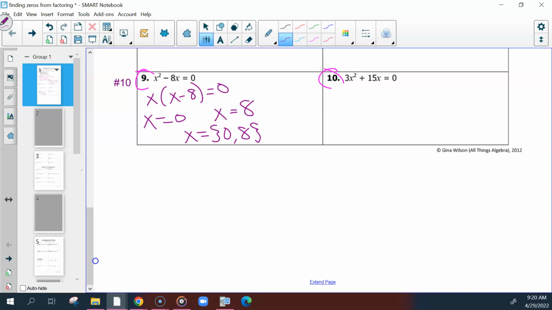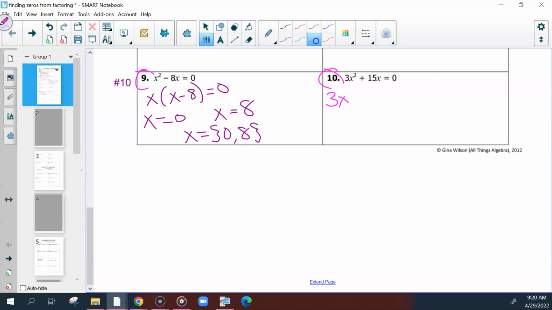Number 10, how would we factor this? So this one is also GCF. It's not difference of squares, which is the other way that they factor two terms, because neither of these are perfect squares.